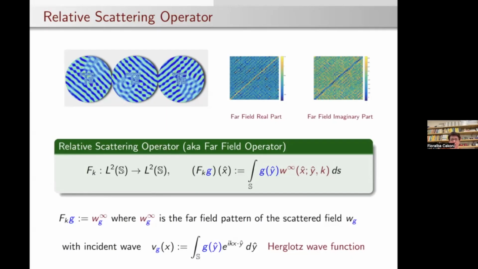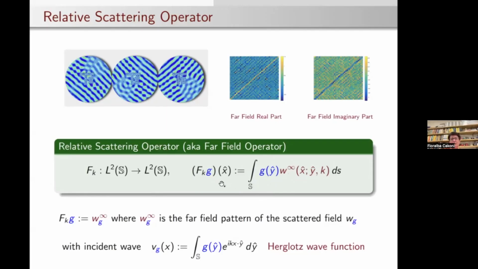First, in this statement, we have the superposition part. What does it mean to superimpose the far field patterns? It means that we integrate, as a weighted superposition, the far field pattern against an L2 function.